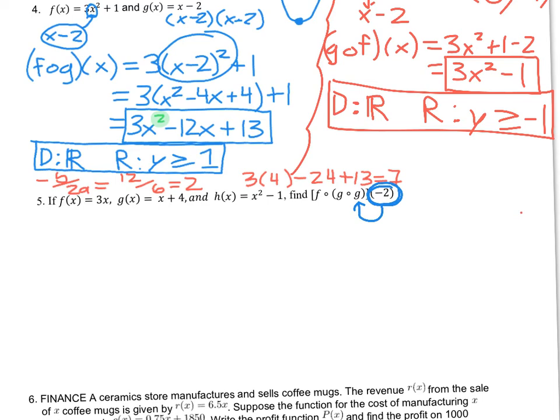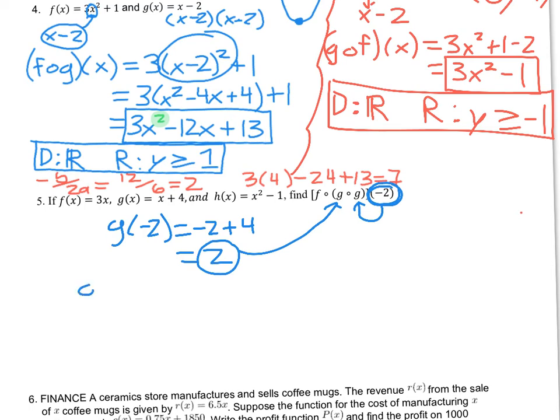So first thing I'm going to do, I'm going to plug in a negative 2. So if I plug in negative 2 to the g of x function, I get positive 2. Now I'm going to take this 2 and plug it into the next letter, working backwards. So now I'm going to find g of positive 2.